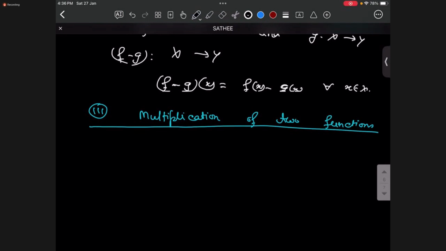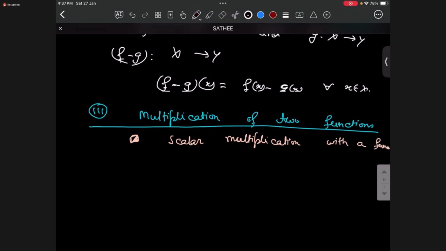Multiplication can be of two types: one is scalar multiplication, and another is multiplication of two real functions. First, scalar multiplication with a function.